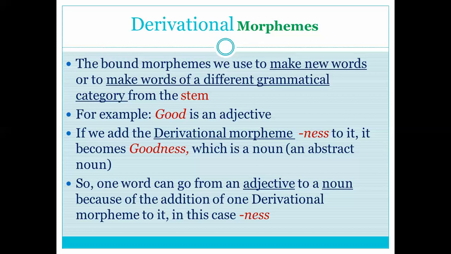Oh, that's good. That's describing something. That's an adjective. But when I say goodness, adding ness to it, this bound morpheme, it becomes now a noun. So if it changes its function, if it changes it from maybe being an adjective to a noun or to a verb, then that is a derivational morpheme.